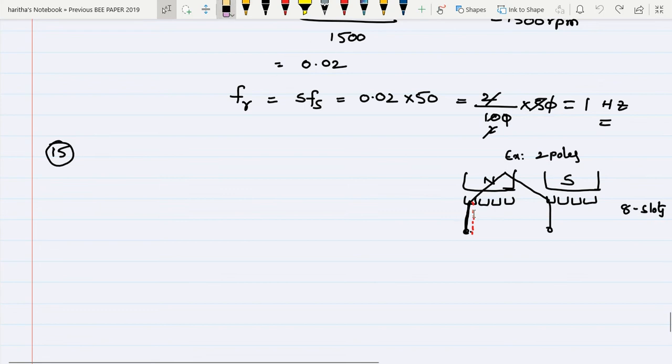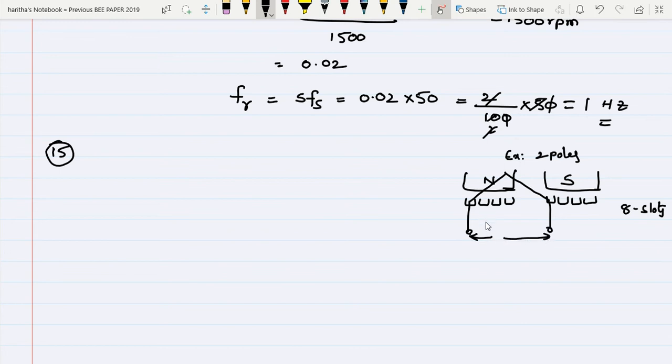Position first, this one. So this is one type of winding.